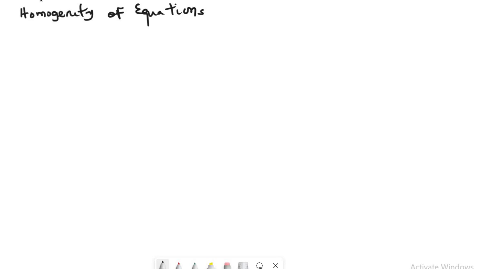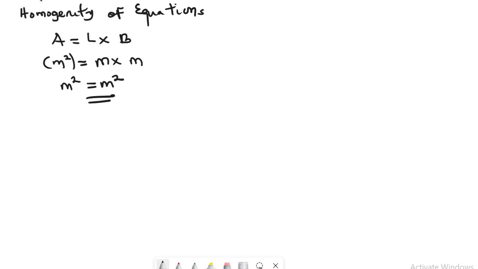For example, what's the formula for area? Length times breadth. Area is measured in meters squared. Length is measured in meter. Breadth is in meter. At the end of the day, the left-hand side is equal to the right-hand side. Then this is called homogeneity.